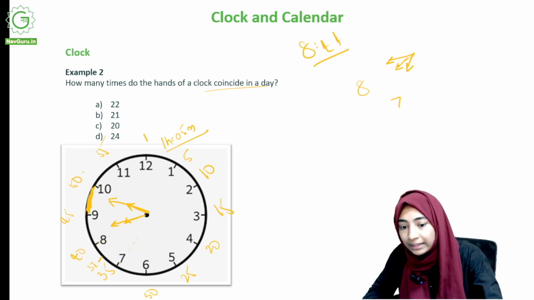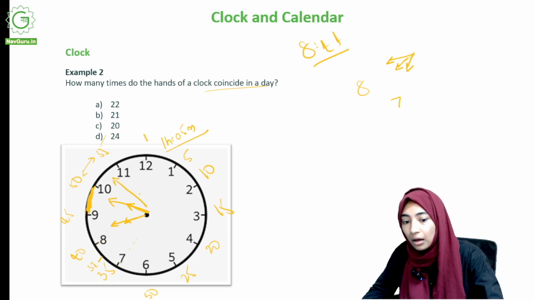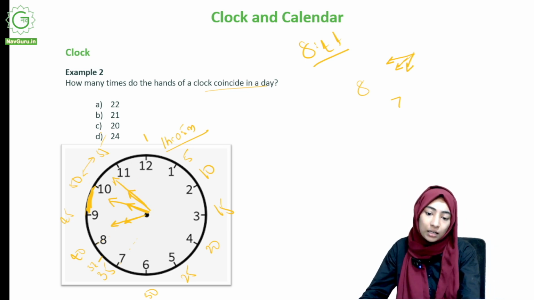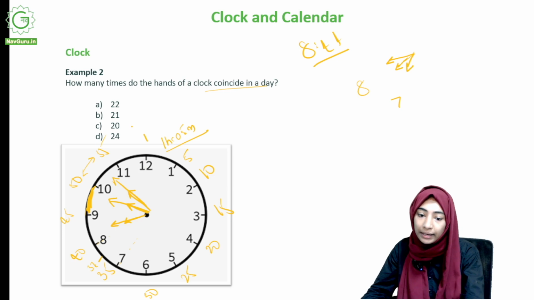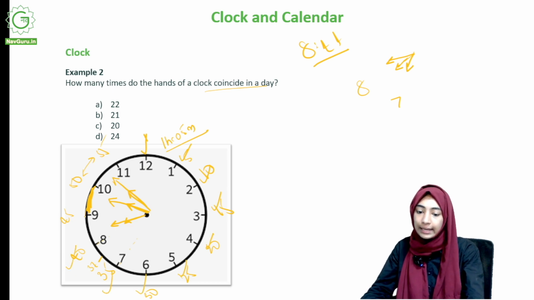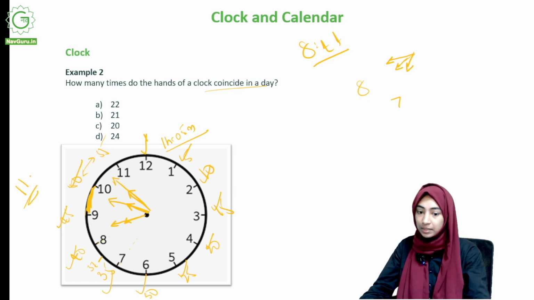Somewhere between 10:50 and 55, the minute hand will be here, the hour hand will also be here, and it coincides. Okay, so how many times have the hands coincided by now? It has coincided at every hour, right? So that's 1, 2, 3, 4, 5, 6, 7, 8, 9, 10, 11. So it has coincided 11 times now.